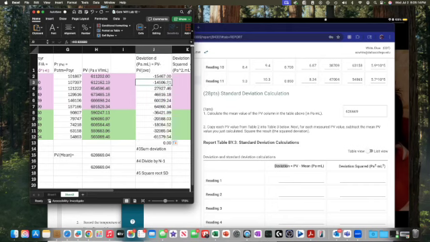I'm looking at the second one, 626,669. Okay, I think I got it this time. Woo! Third time is a charm. So I got my deviation here.